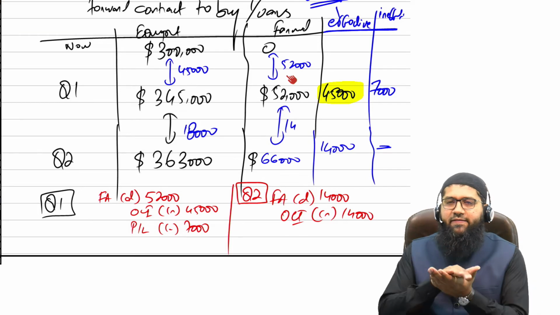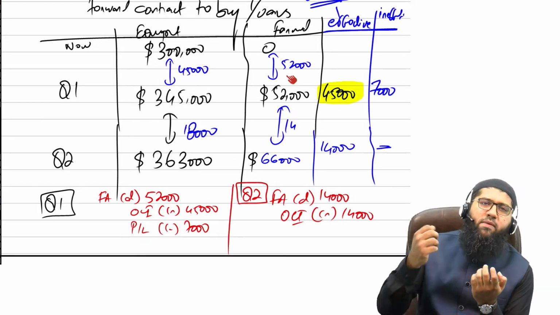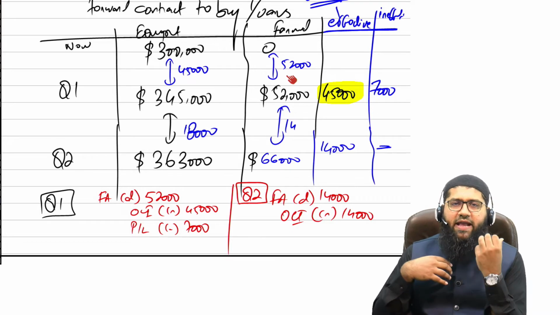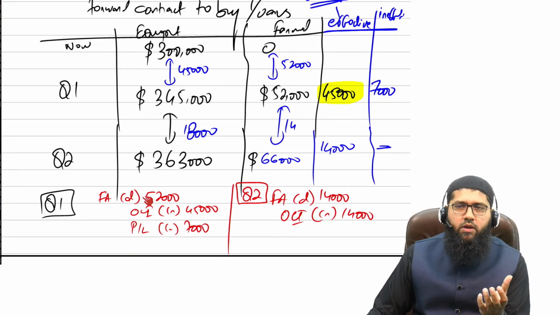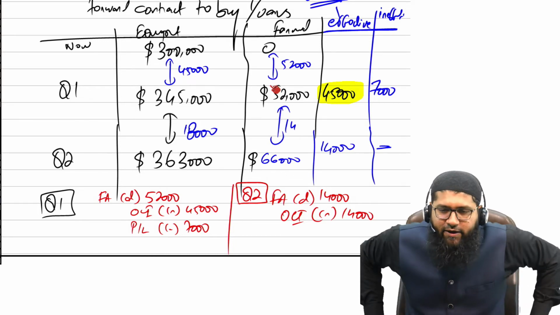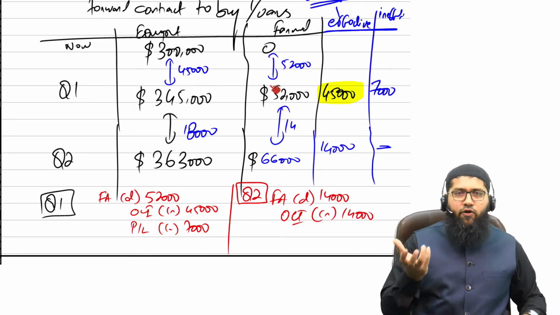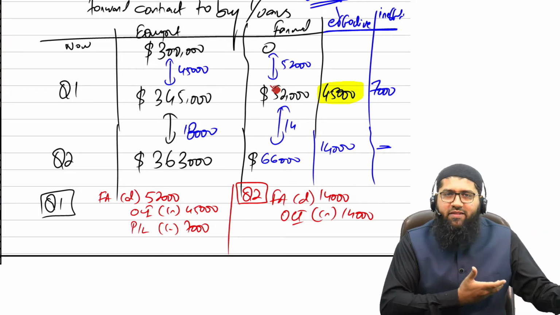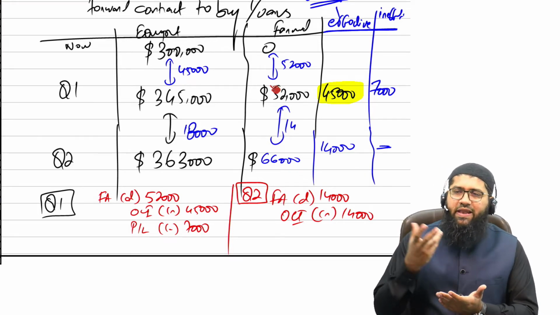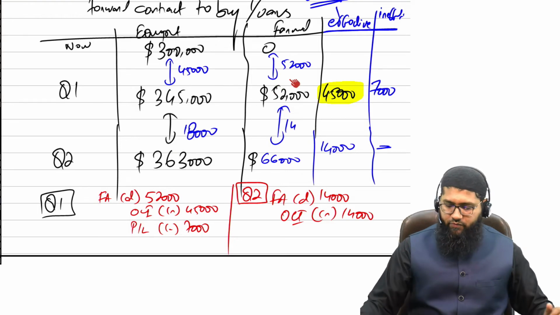The instrument is what is recognized in our financial statements, so we recognize it at 52,000. But we only needed 45,000 to hedge against our asset. So 45,000 is effective and the remaining 7,000 is ineffective.